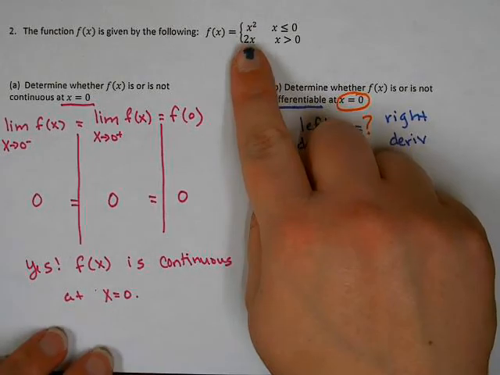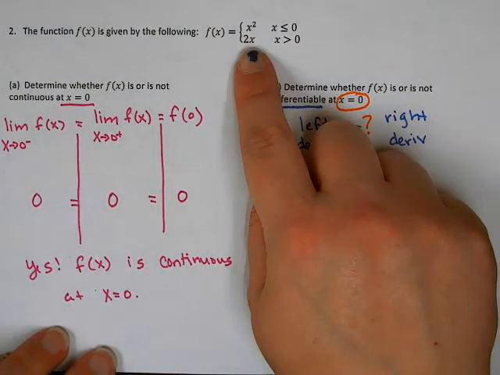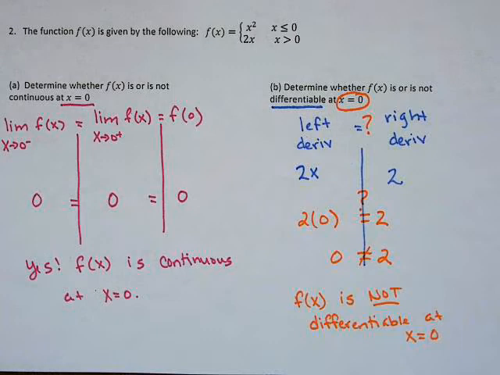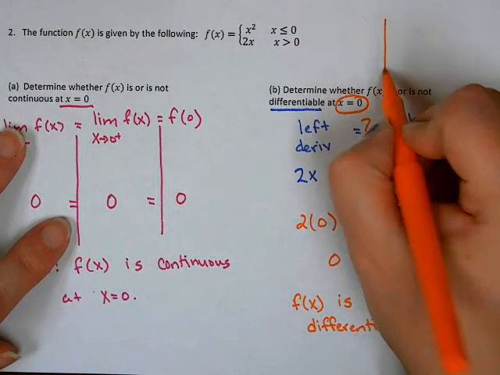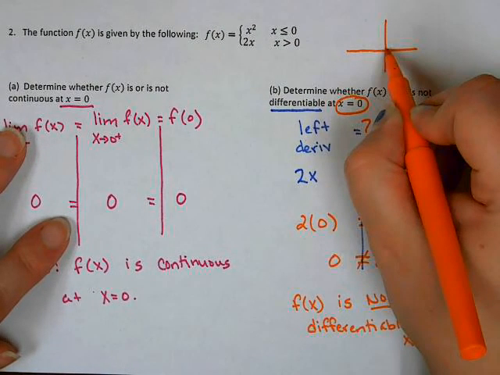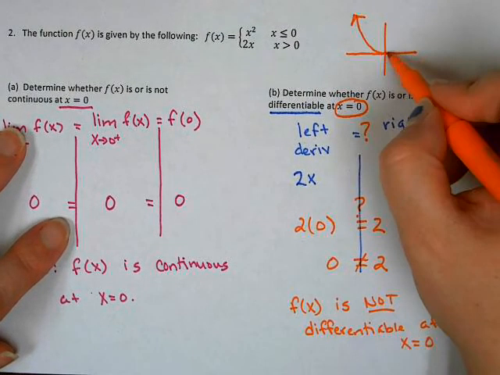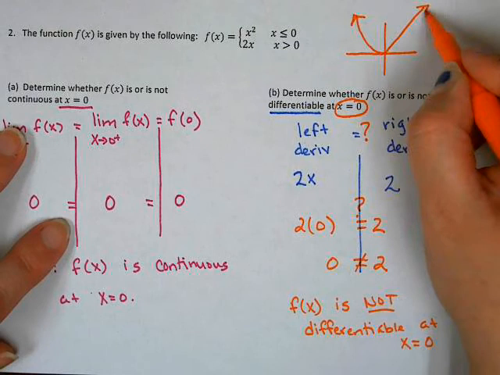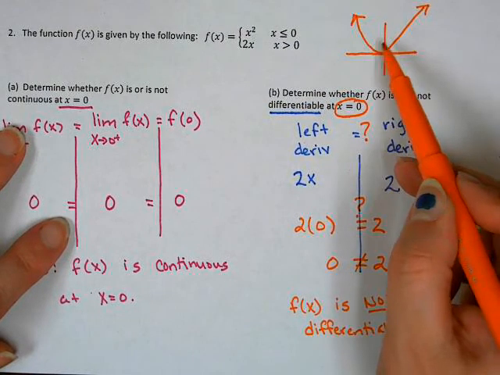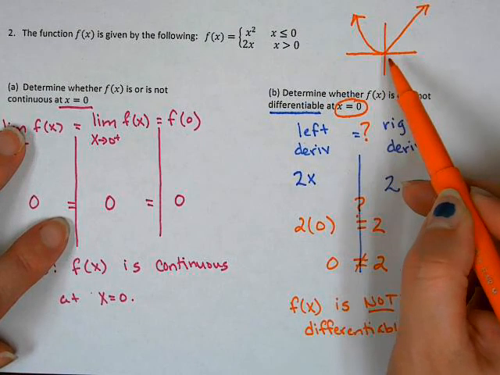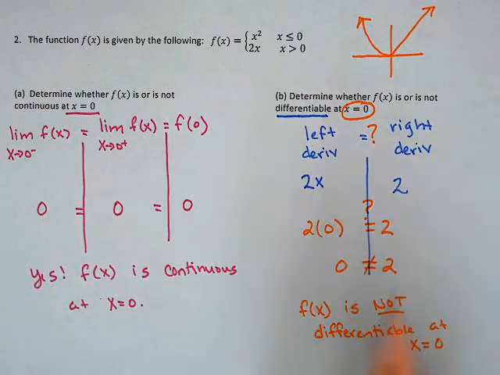We've got a parabola on one side and a line on the other, so even with a quick sketch, a parabola is going to curve up like this, and a line is going to shoot straight up like this. And so we can clearly see that there's a problem there and that the derivative does not exist at x equals 0.